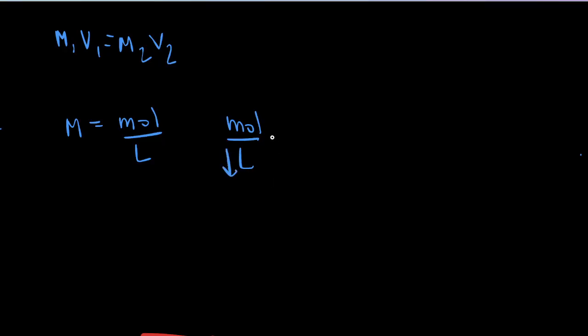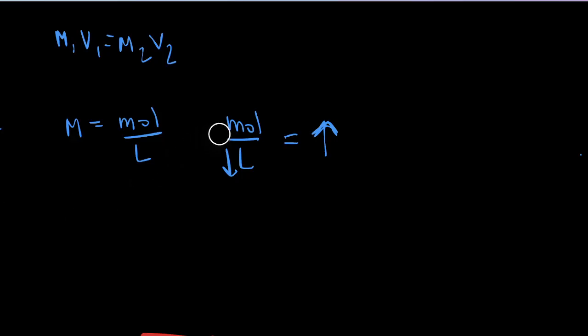Decreasing the value of the denominator of a fraction is going to result in an increase in the value of that fraction, right? And that's exactly what we're looking at here. So by decreasing that volume, we're going to increase our concentration.